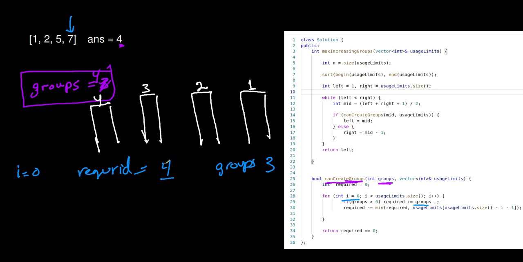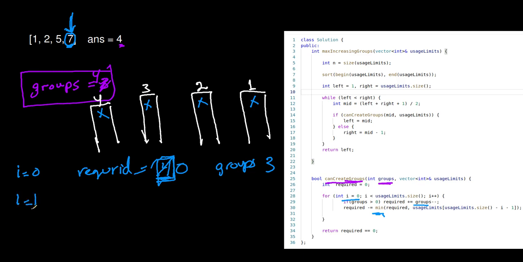Now for this iteration we need 4 elements to fill each group with 1 element, and the best thing to do is to look for the maximum value, which is the last value. Now we have 7 and 4, the minimum is 4, so we fill 1, 2, 3, 4. 4 minus 4 is 0.